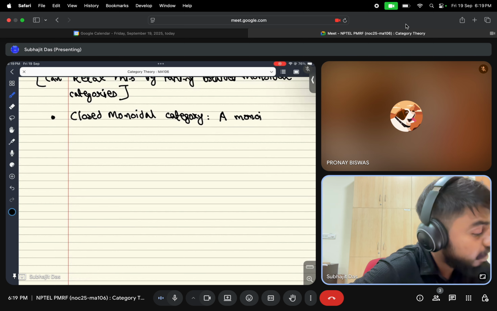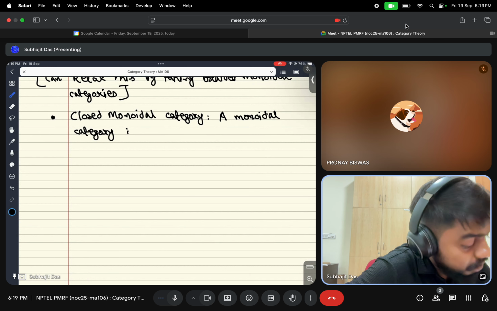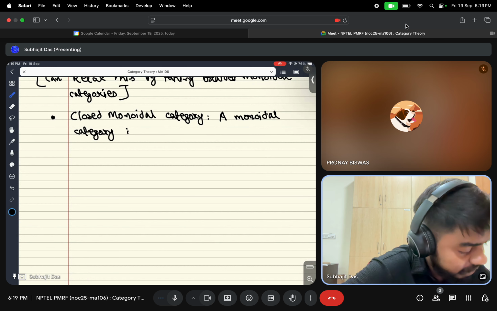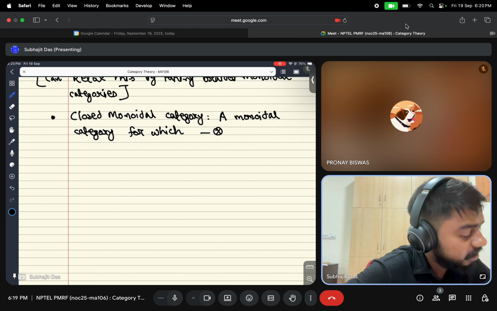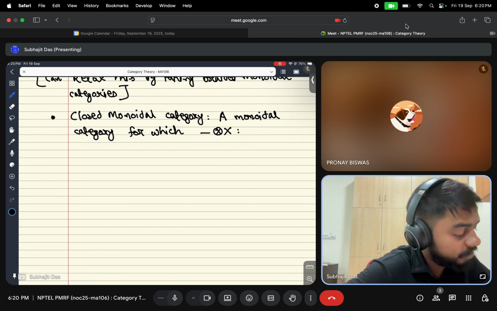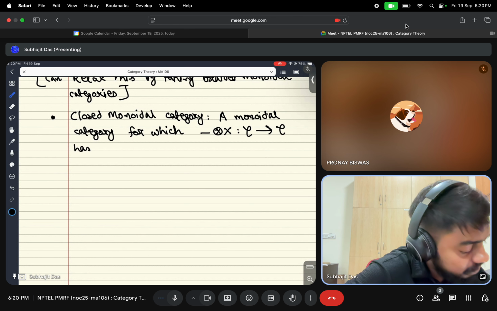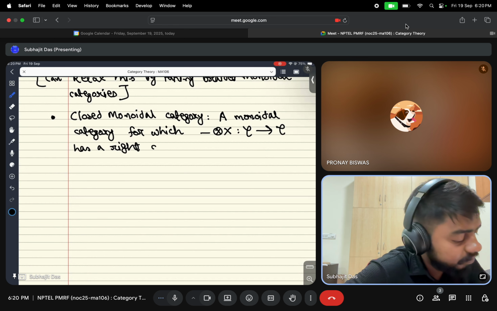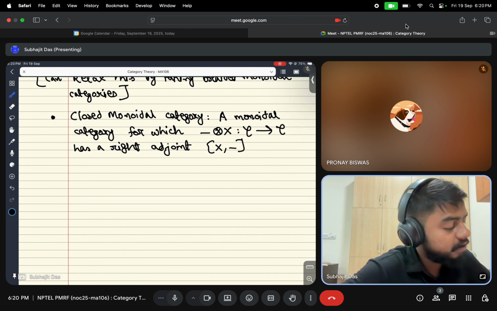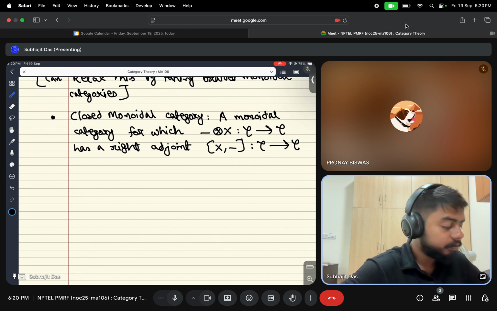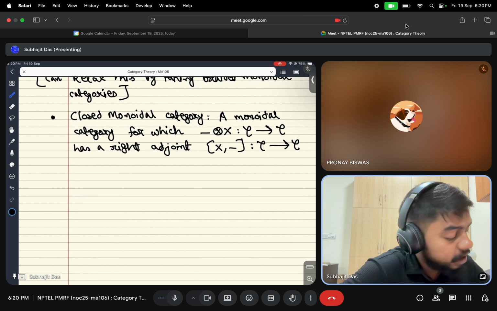A closed monoidal category is a monoidal category for which dash tensored with any x, from C to C, where C is our category, has a right adjoint, which is usually written as from C to C. And this functor is, as was mentioned, called the internal Hom.